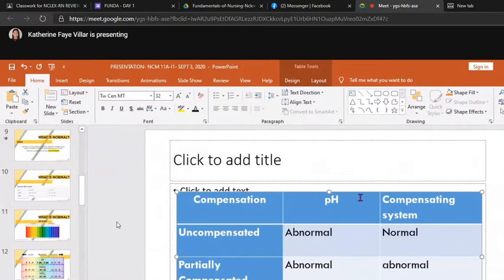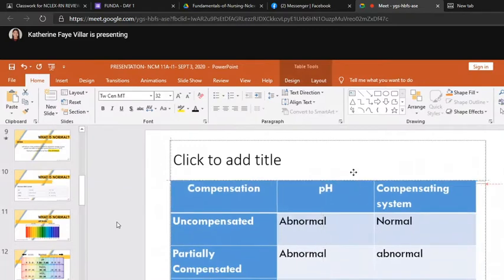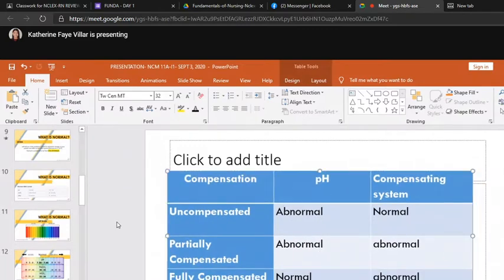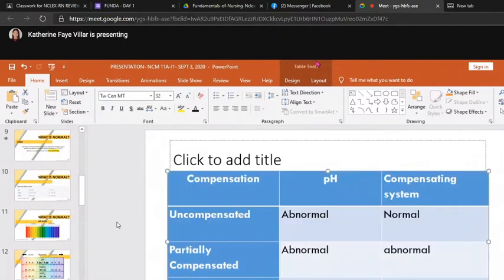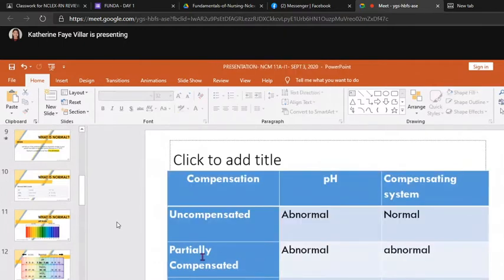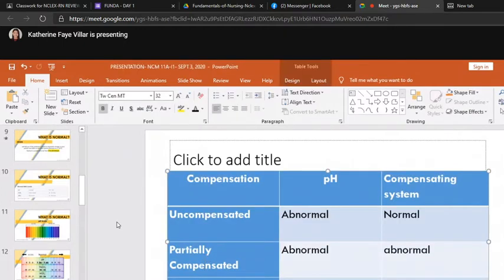So, i-review lang po natin ulit is yung pag-determine kung uncompensated ba siya, partially compensated, or fully compensated. Okay? So, masasabi po natin na uncompensated siya, okay, if the value of the pH is abnormal. Okay? And yung compensating system niya ay normal.